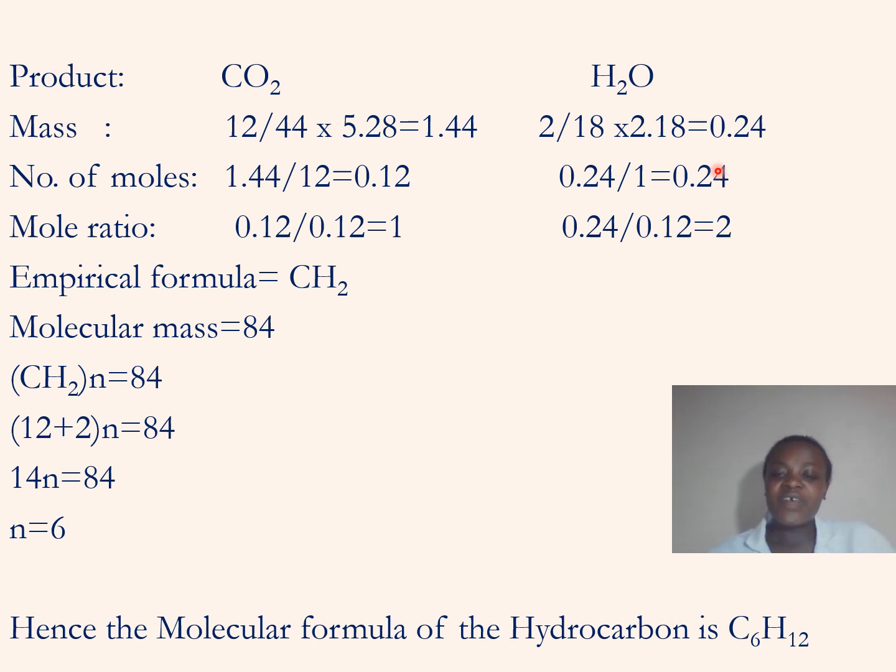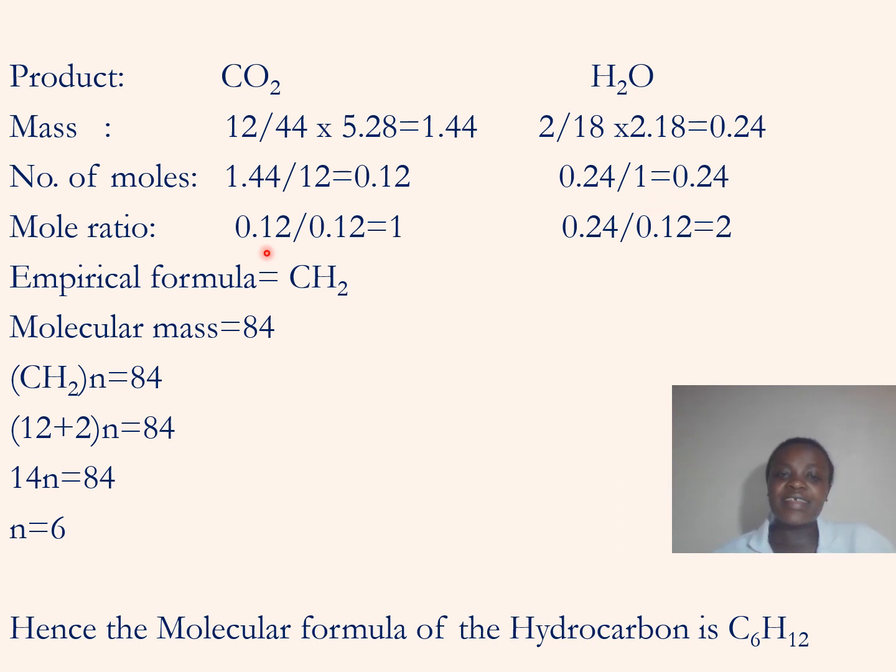So now having the two elements, we can get the moles. So moles is simply mass over molar mass. So the mass of carbon is 1.44 over its molar mass, which is 12, to give us 0.12. That of hydrogen, the mass is 0.24, divided by its molar mass, which is 1 gram per mole, to give us 0.24.